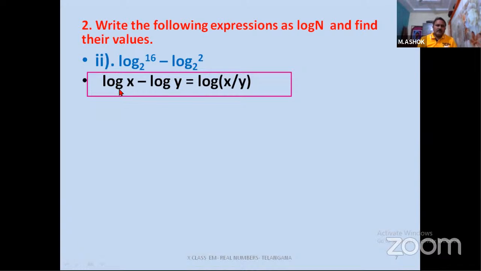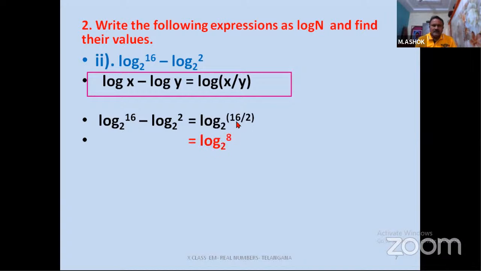Whenever we require, log x minus log y you may write as log x by y. So it is equal to log 16 by 2. Okay, in place of x, 16 is there, in place of y, 2 is there. So log 16 by 2 means 8, log 8 base 2.